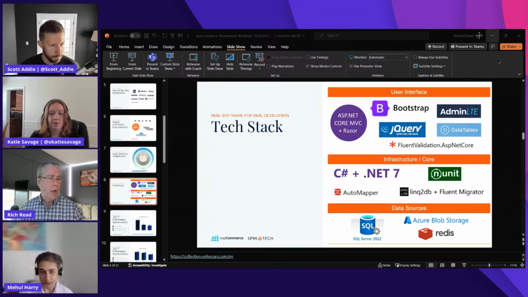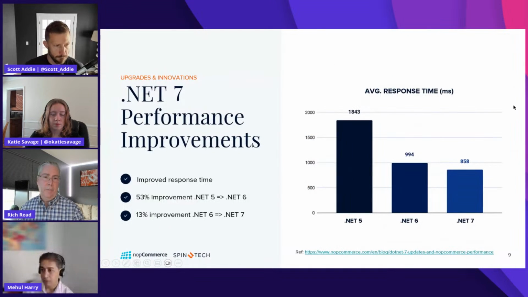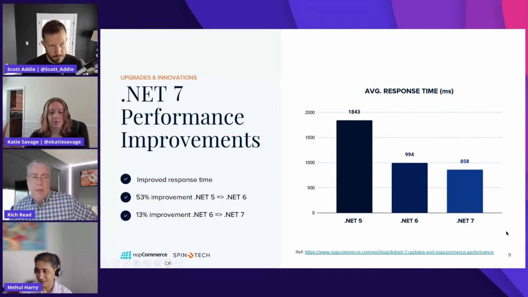Yeah. I'll tell you what, while we're talking about tech, we'll jump over to Visual Studio for a second here. Let me just talk real quick about some of the benefits that we've seen since we've upgraded to .NET 7. So the first thing the NOP team found was improved response time.